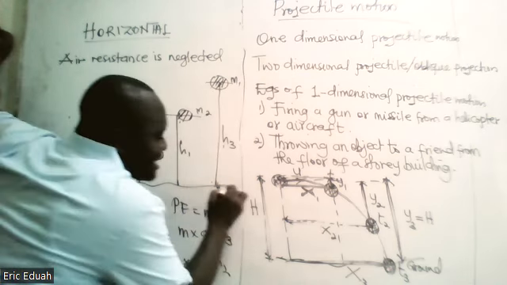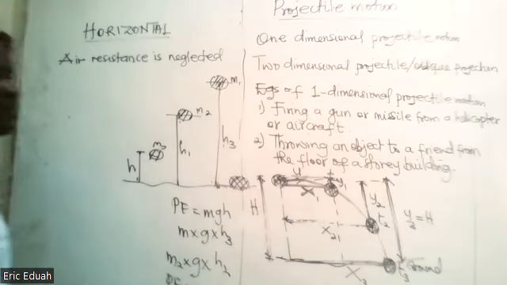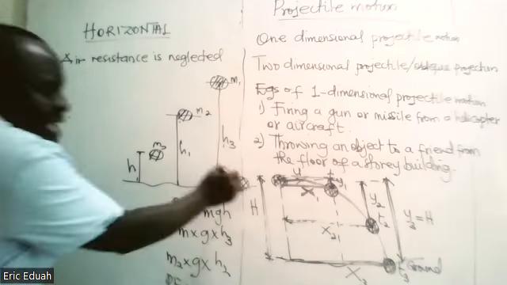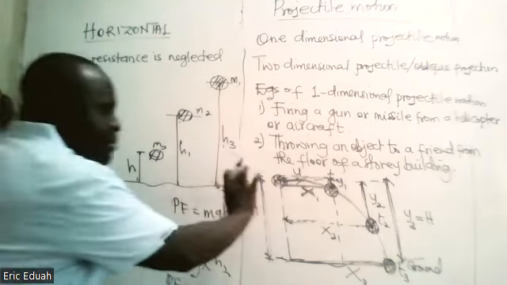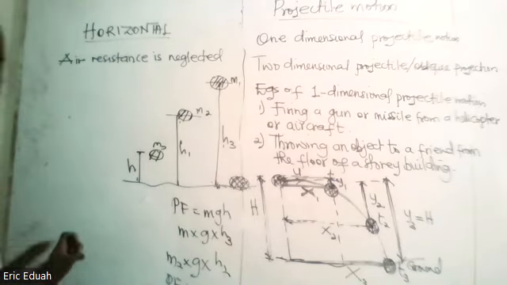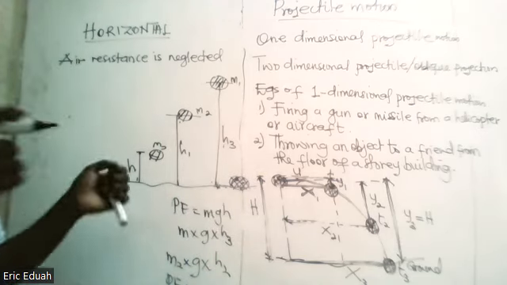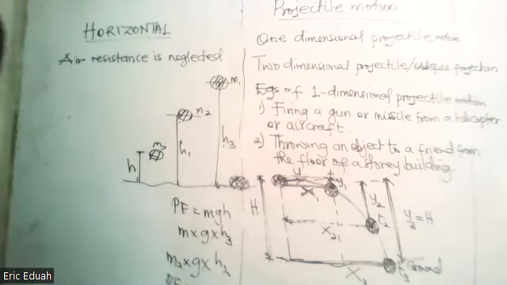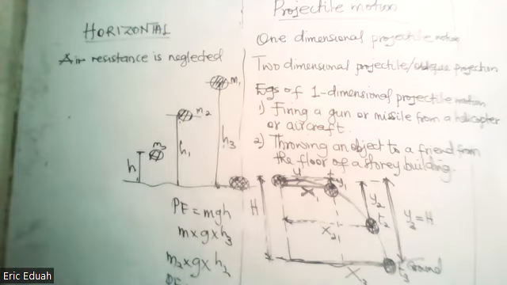Now, when an object is just here on the ground, the potential energy of the body is zero because the body hasn't covered any vertical height h. And so the pull of gravity on the object is not there because it hasn't covered any vertical height h. That is what I mean.